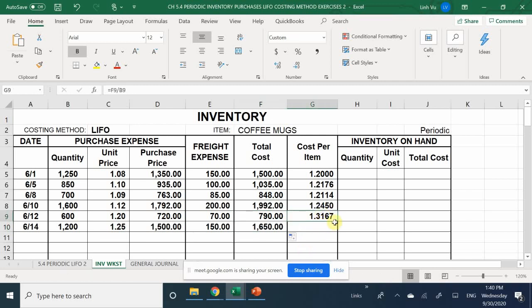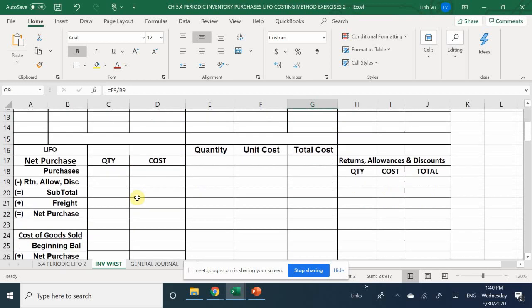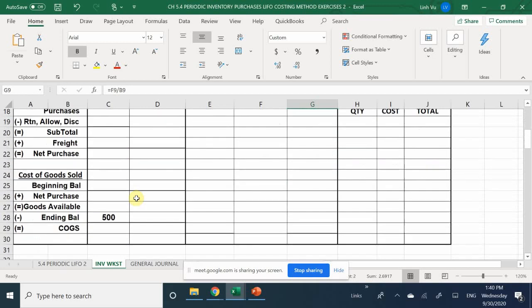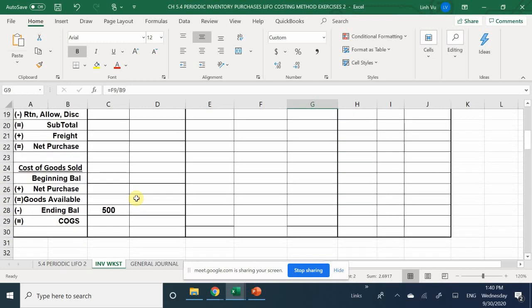Good. And my cost per item is 1.375. Okay, good. Then on June 15, you have currently 500 items left in your inventory, so that means my ending balance should be 500 coffee mugs.